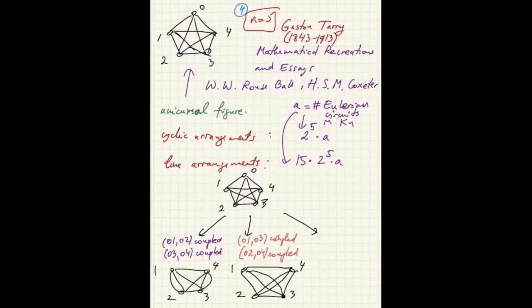And finally, if we have 0,1 and 0,4 coupled, then 0,2 and 0,3 are coupled. And then you get this figure.